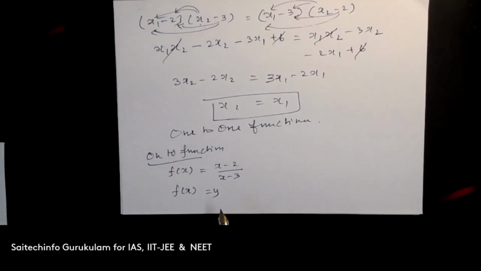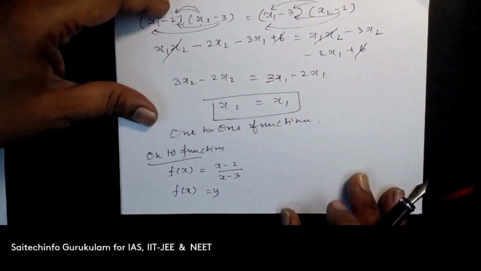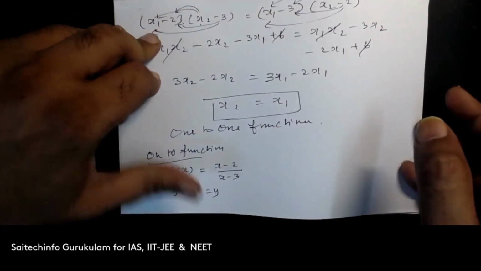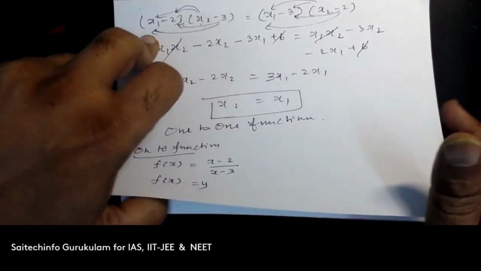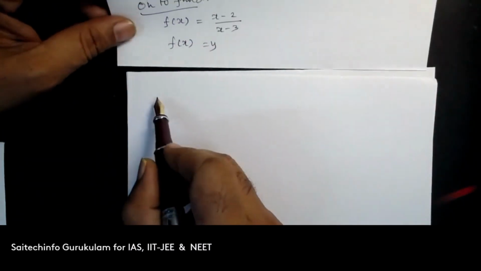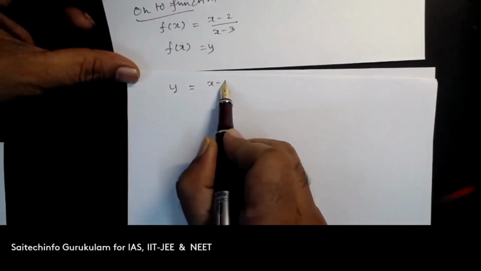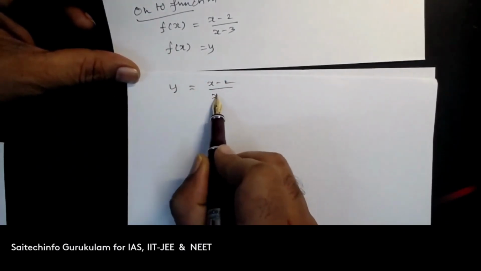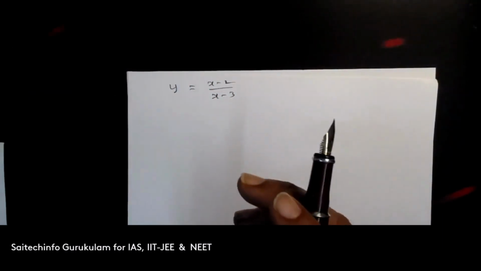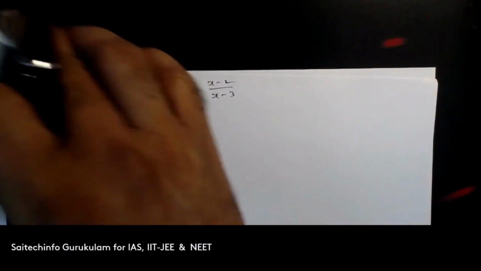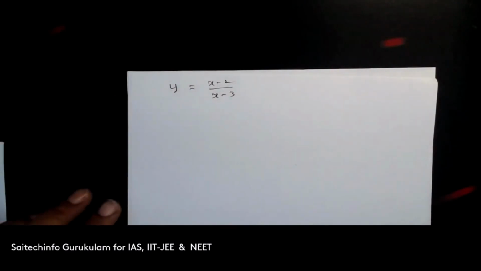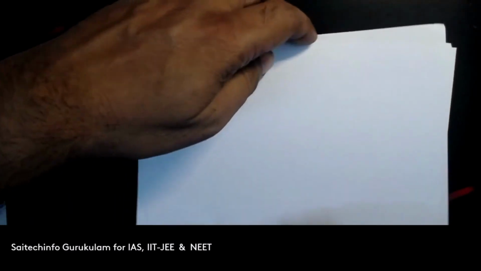How to proceed? Let me consider y is equal to x minus 2 divided by x minus 3. Got it? So y is equal to x minus 2 divided by x minus 3.